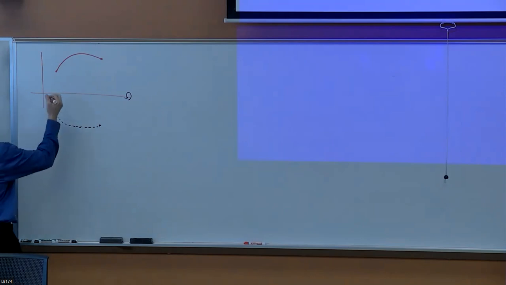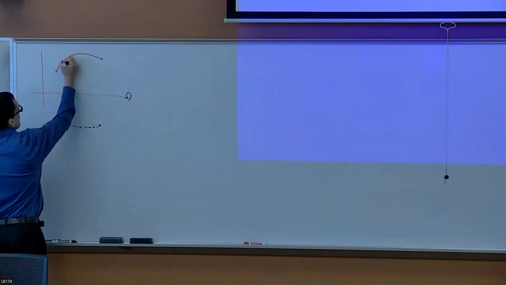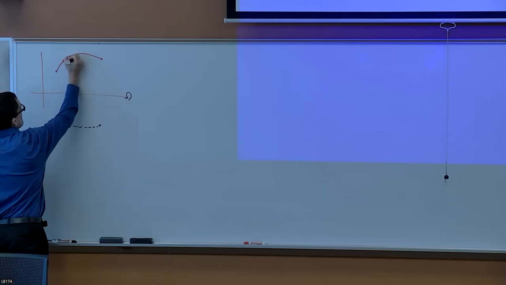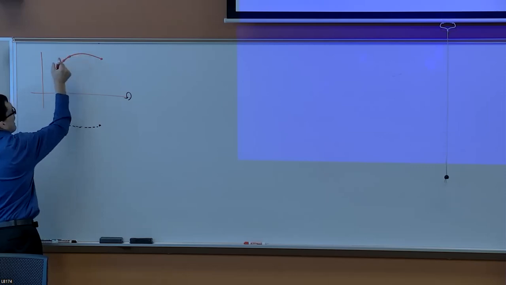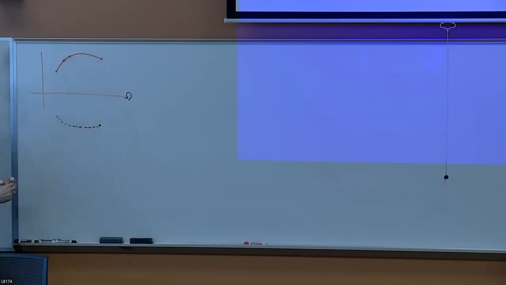And so what we're going to do, just like before, we're going to take little pieces, little sections, just like we did with the arc length, and I'm going to rotate those around.